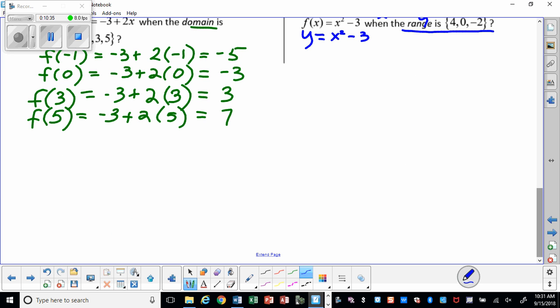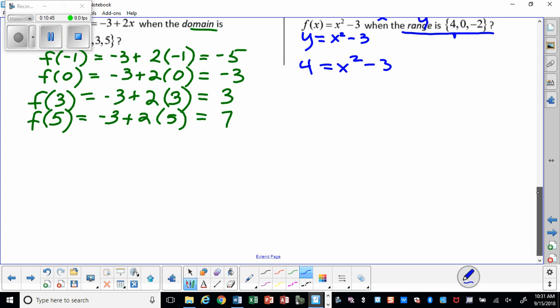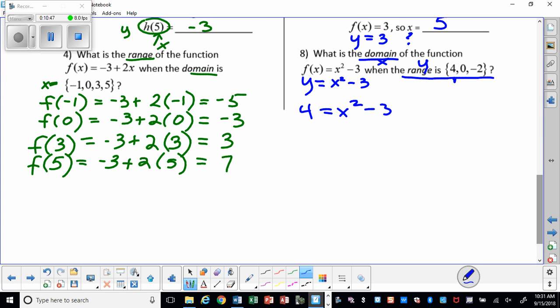I'll start with 4, so that would be 4 equals x squared minus 3. I'm given y, so that's what I'm going to put in. Then I just solve using my properties, plus 3, so I get 7 equals x squared.